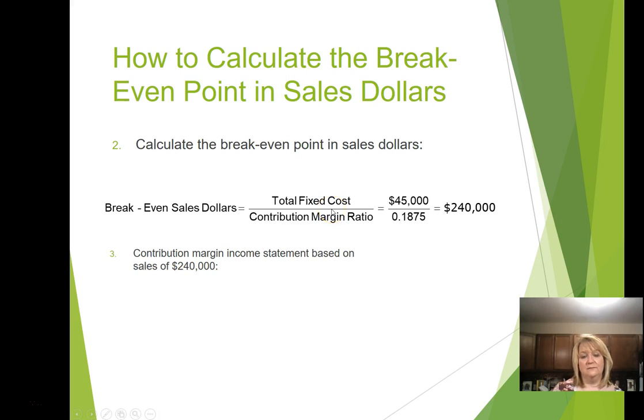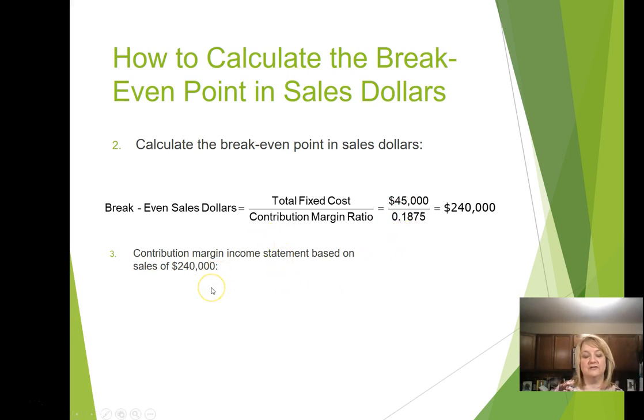Then to calculate the break-even point in sales dollars, here it is again: break-even sales dollars equals total fixed cost over contribution margin ratio. 45,000 divided by your 0.1875 equals $240,000.